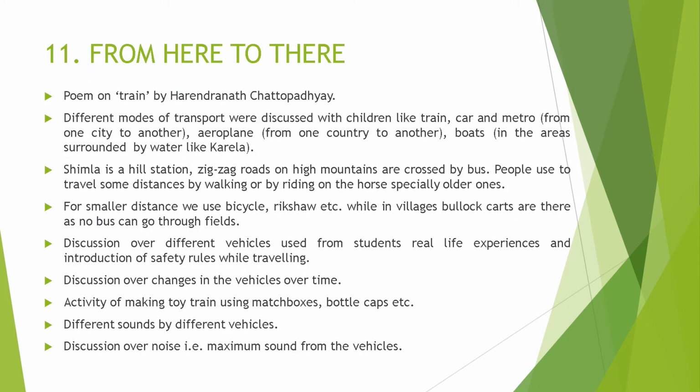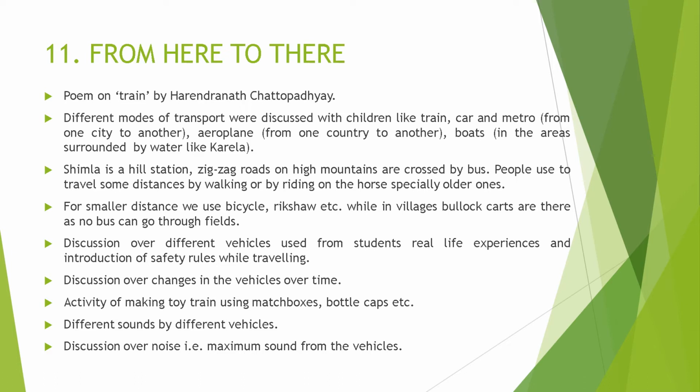Chapter 11, which is From Here to There, in this a poem on train by Harendranath Chattopadhyay is given. Here, different modes of transport were discussed with children, like train, car, and metro. Metro is used for going from one city to another, while aeroplane for traveling from one country to another.